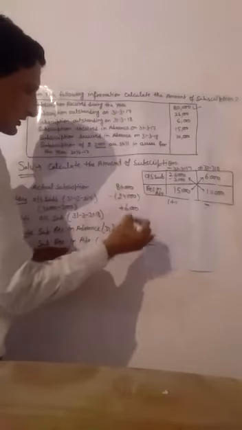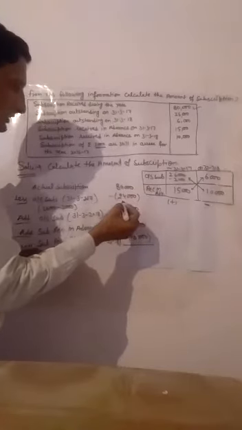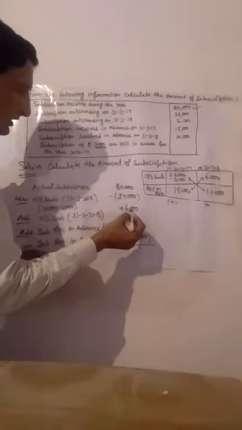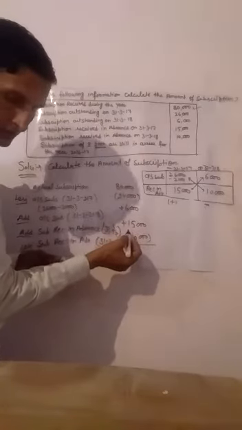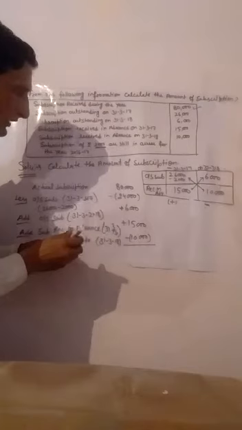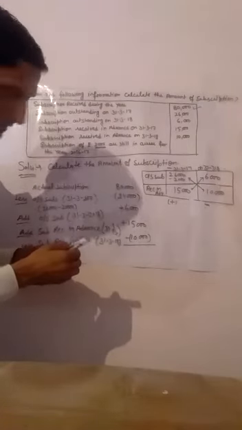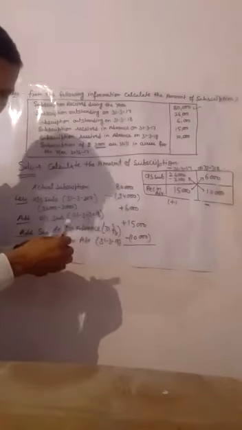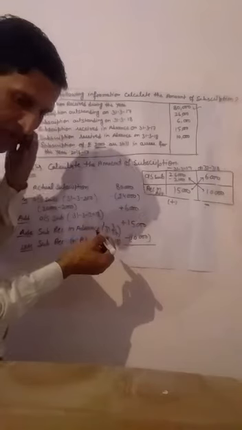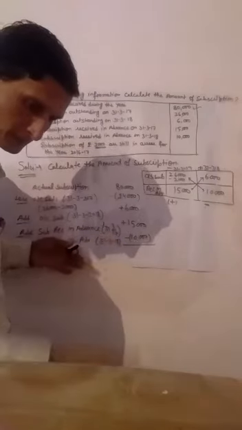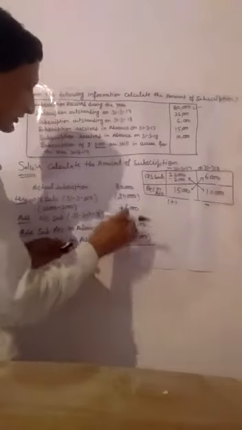Then how much remains? 80,000 minus 24,000 means 56,000, plus 6,000 is 62,000, plus 15,000 is 77,000, and lastly the outcome.